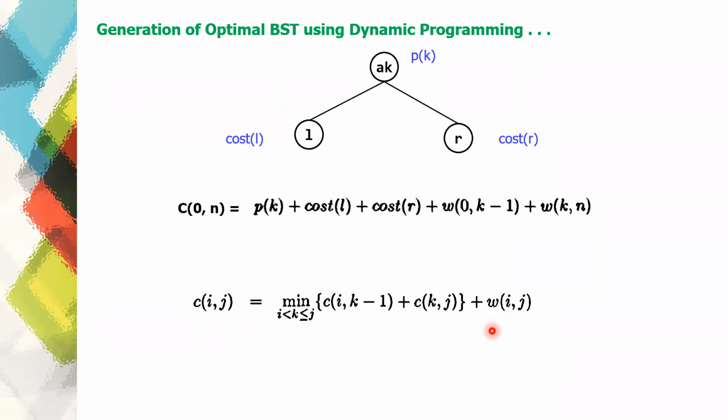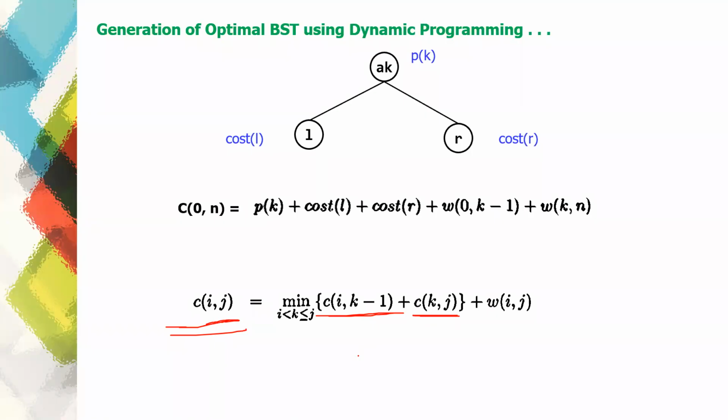And this is a recursive formula. You can see that C of ij is calling C of i, k minus 1. It is also calling C of kj. That means a function C is calling itself.